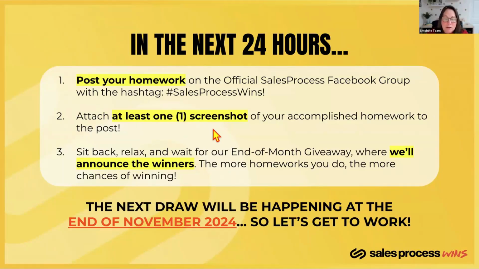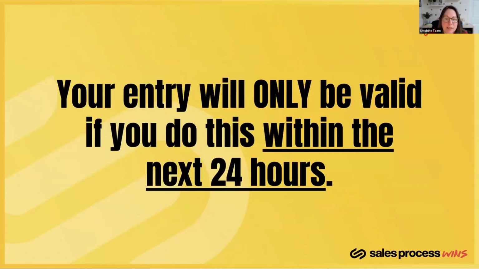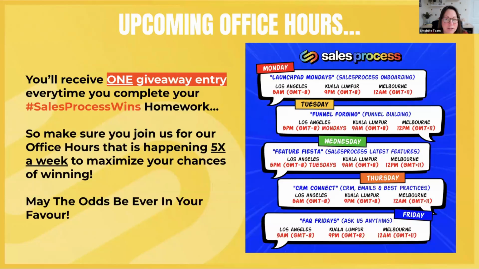So for this class, we're asking for 2 screenshots, and the draw will happen at the end of November for this month, and then we will go into December's. Okay. So remember, your entry is only valid if you do this within the next 24 hours.